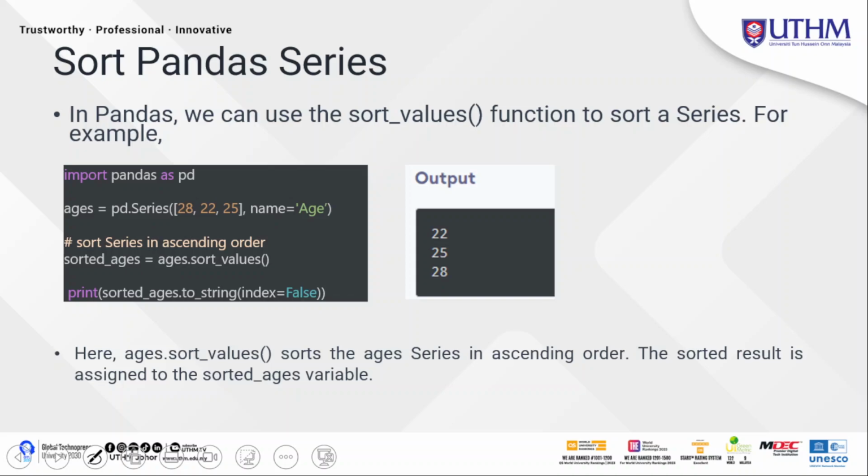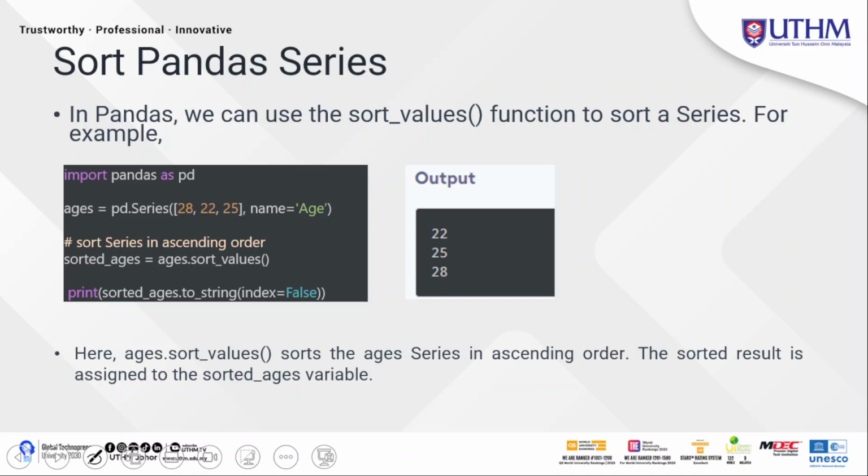So we have ages equal to pd.Series 28, 22, 25, and the name is equal to age. So sort the series in ascending order. For ascending order, you don't have to mention any condition like ascending equal to true. So sorted_ages equal to ages.sort_values.